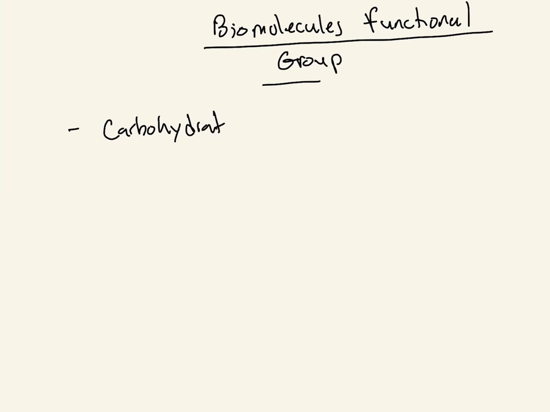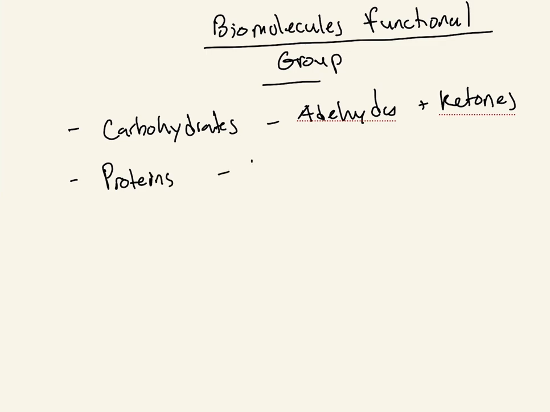Carbohydrates have aldehydes plus ketones and alcohol groups in there as well, but they're classified by aldehydes or ketones. Proteins have amines, amides, and carboxylic acids.